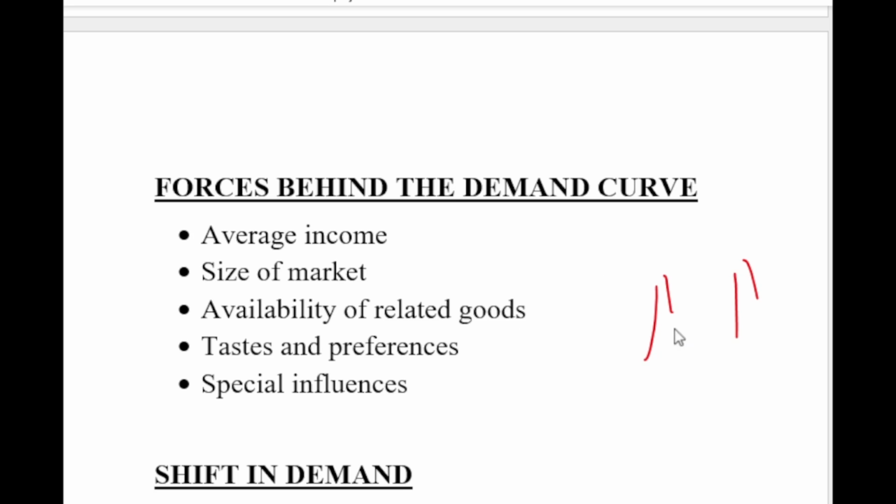Availability of related goods. When the availability of petrol rises, a person tends to buy more automobile vehicles. A particularly important connection exists among substitute goods, ones that tend to perform the same function, such as apples and oatmeal, pens and pencils, small cars and large cars.